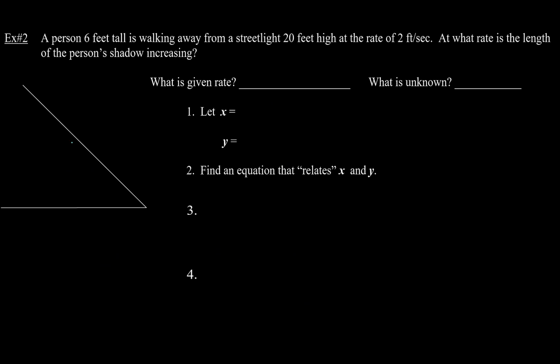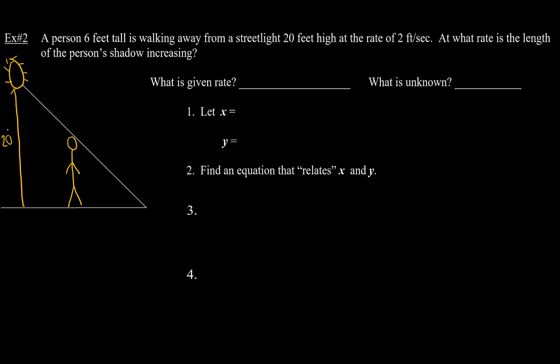I've got a person who is 6 feet tall, and they are walking away from a street light. So here I've got a street light, and it looks like the sun on a stick. Sorry, terrible street light. I've got a 6 foot tall person who's walking away from a street light that is 20 feet high.